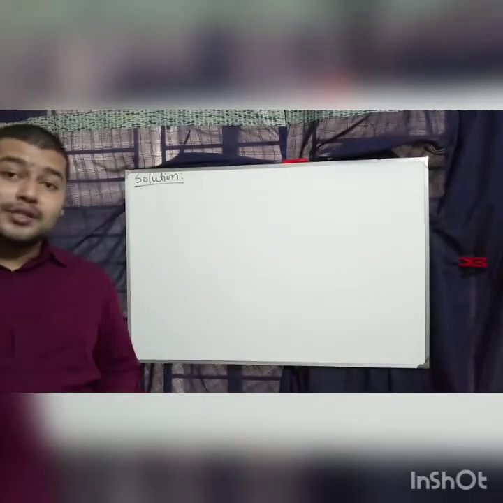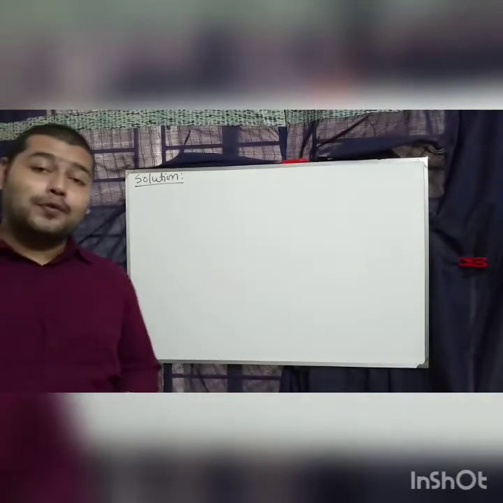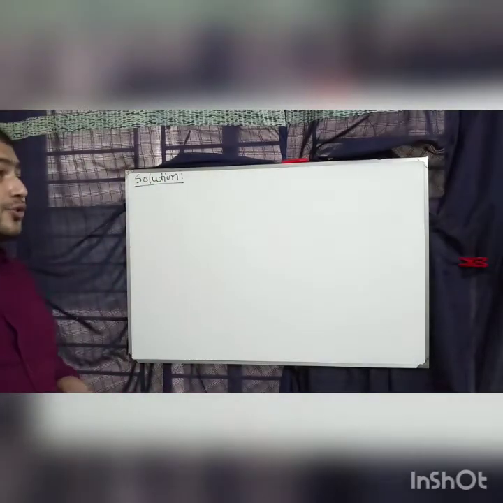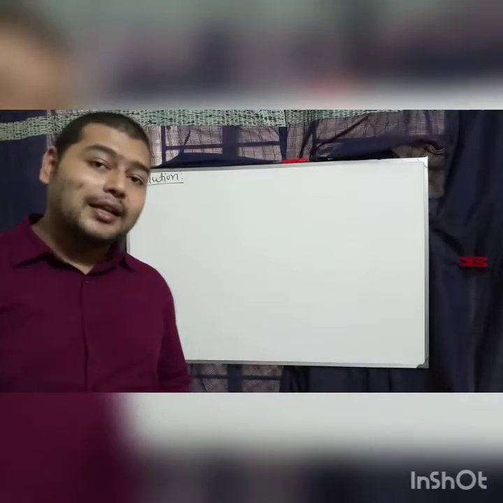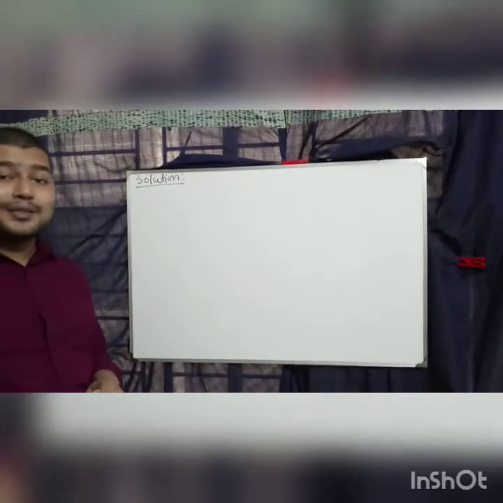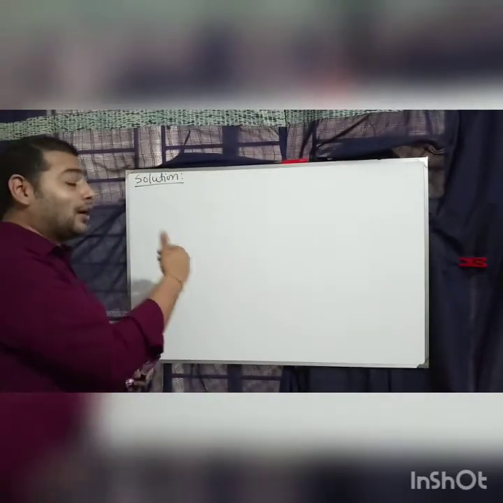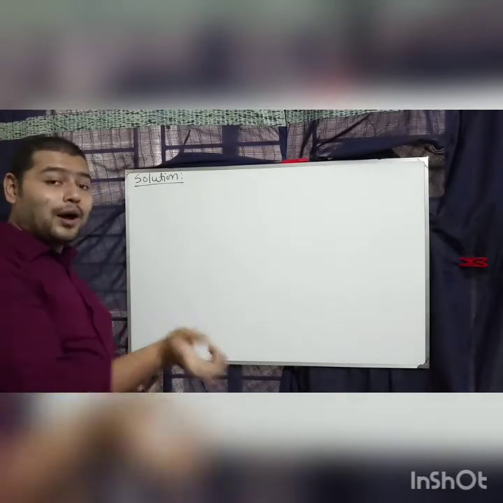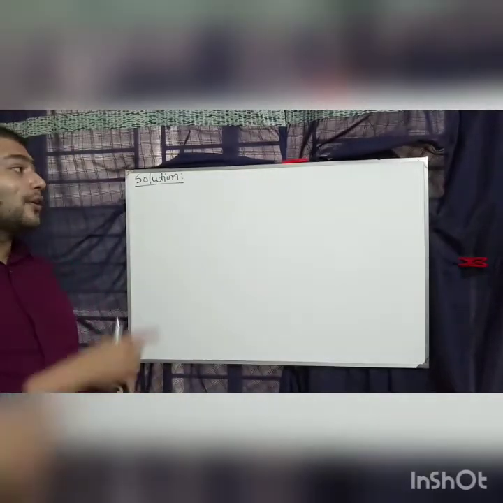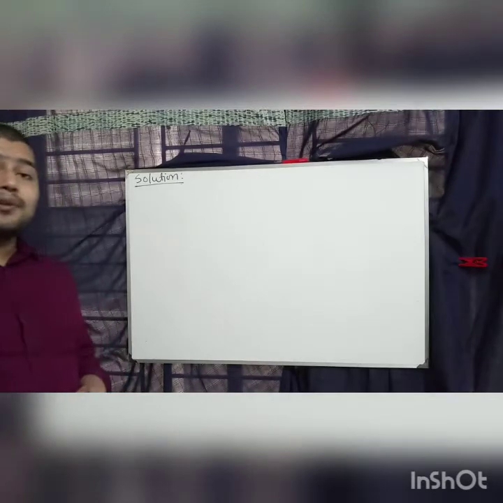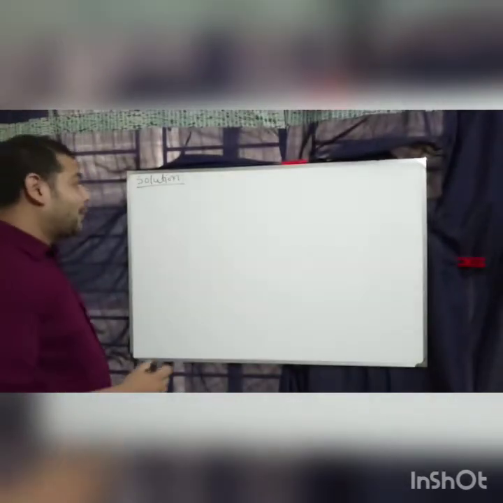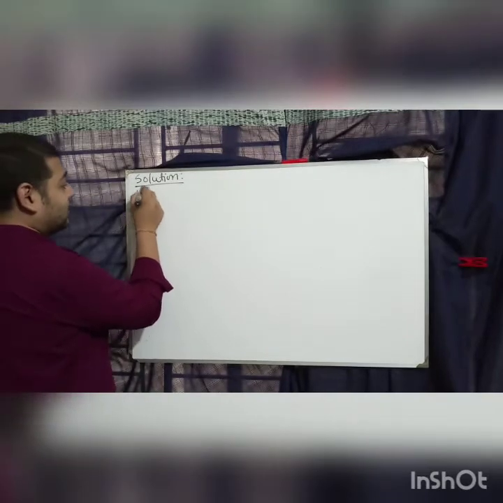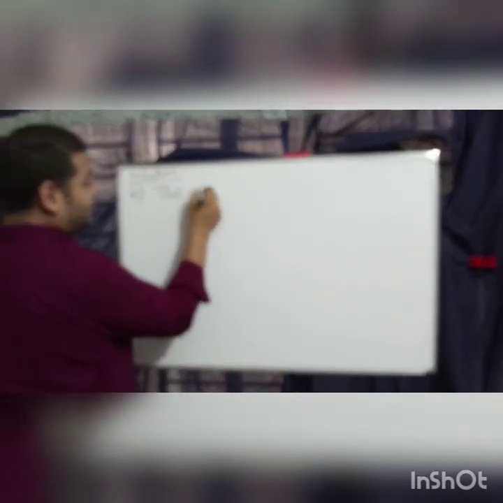For this type of question, firstly we need to write the definition of specific heat, and then we need to describe what we mean by the specific heat of copper.